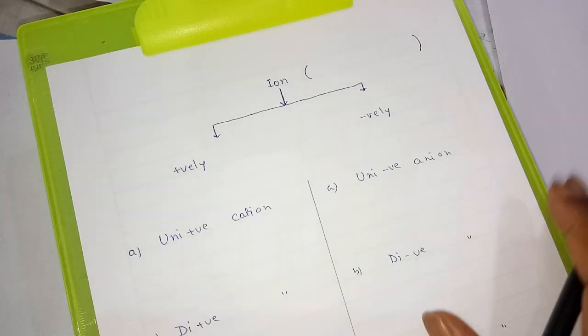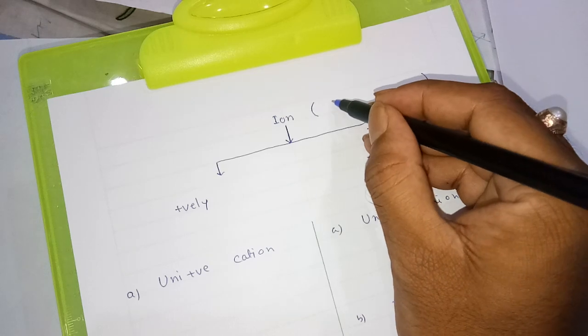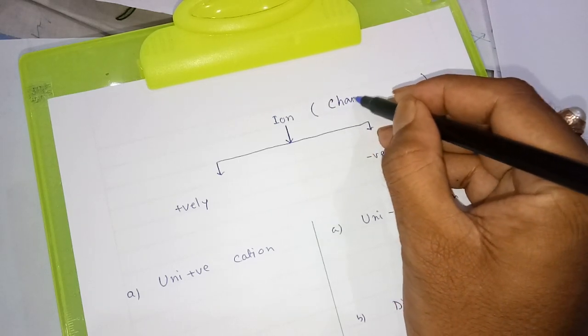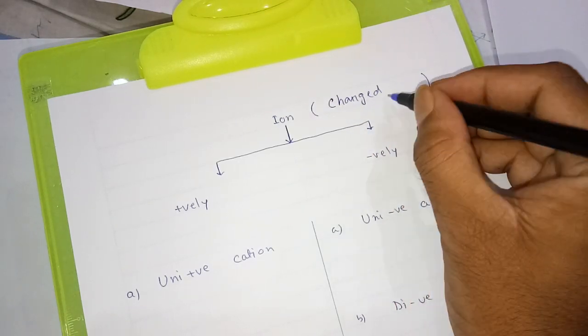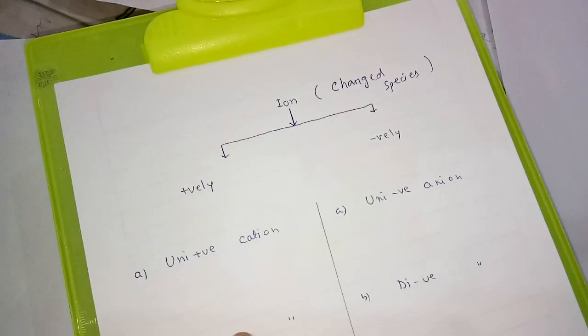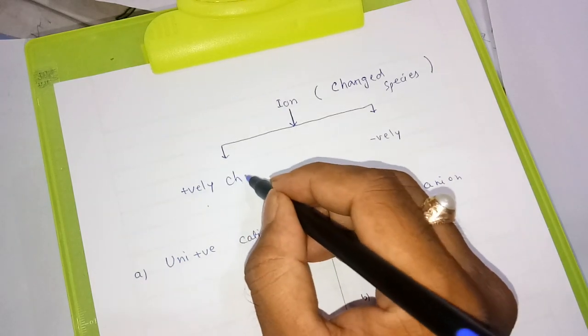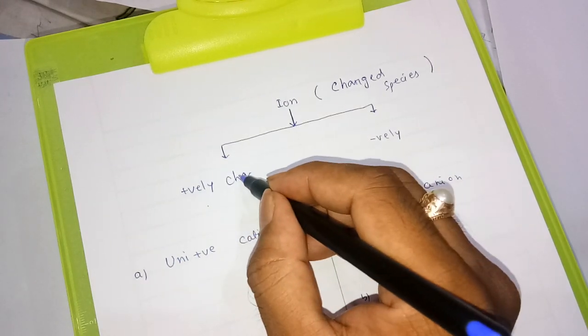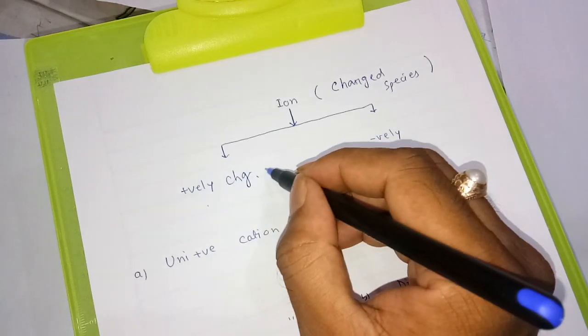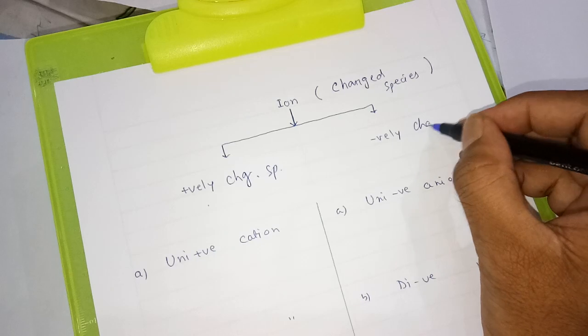So again, one topic from the 9th standard we are taking: ion. Ion means what? Ions means charged species. Now there may be positively charged species and negatively charged species.